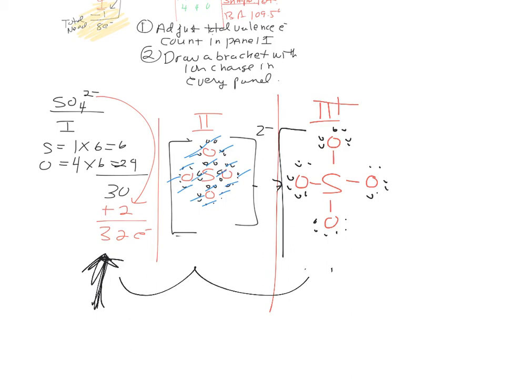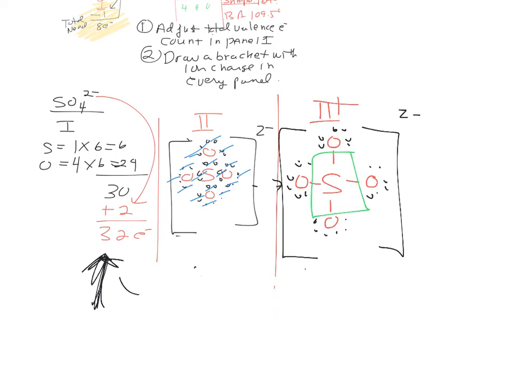I'm going to draw my bracket around the sulfate ion with the negative sign. I'm going to do my total, shared, and unshared, which is 4 total areas, 4 shared, 0 unshared.